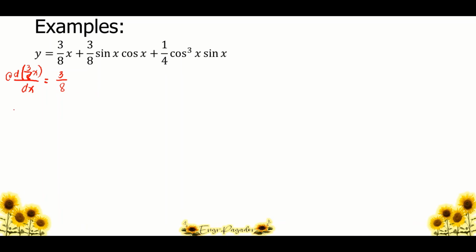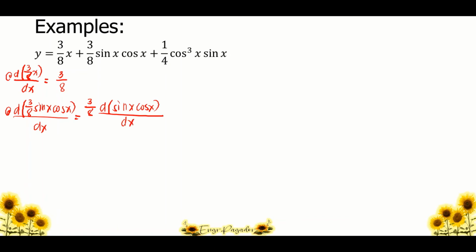Okay. And for the second function, we have the derivative of 3 over 8 sine x cosine x with respect to x. So, ang gagawin natin dito is to factor out si constant, so 3 over 8, and then we get the derivative of sine x cosine x with respect to x.